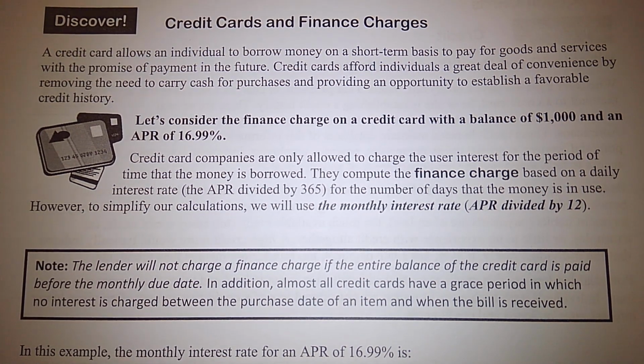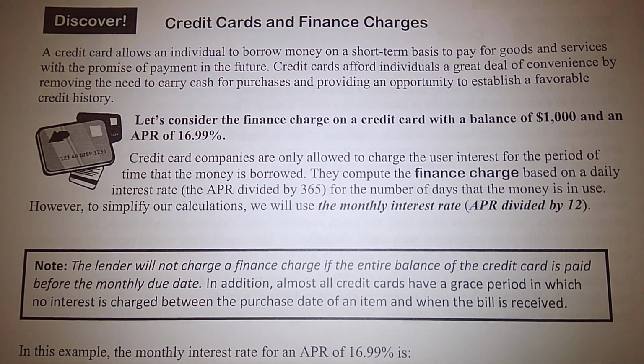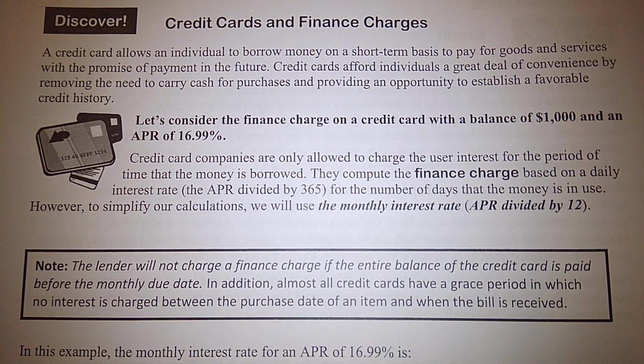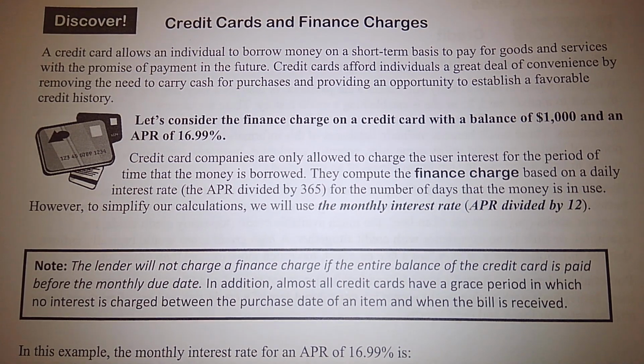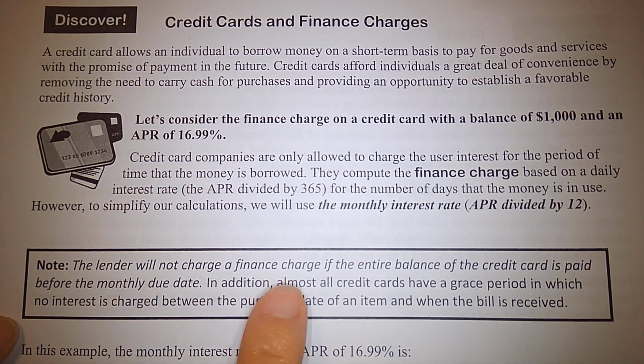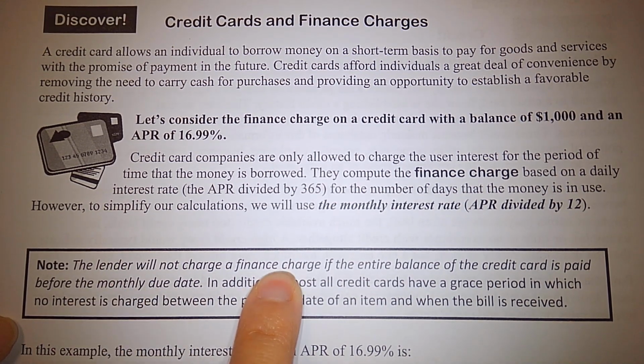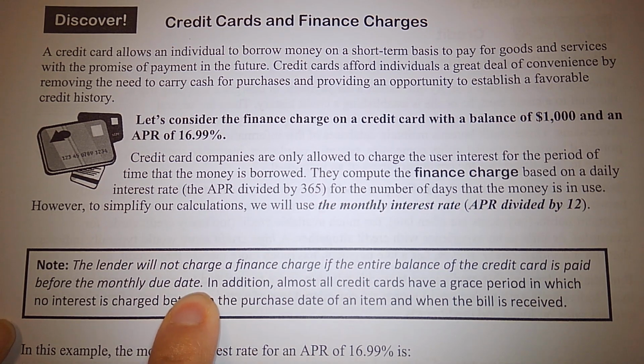They give us a deadline each month that we have to pay them back, a due date. Then they will give us a total balance. You can pay it, or if you don't have enough money, you could only pay the minimum payment, or you can pay some percent of the total payment. So here is the thing. If you pay your entire balance by the due date, you will not be charged any finance charges.